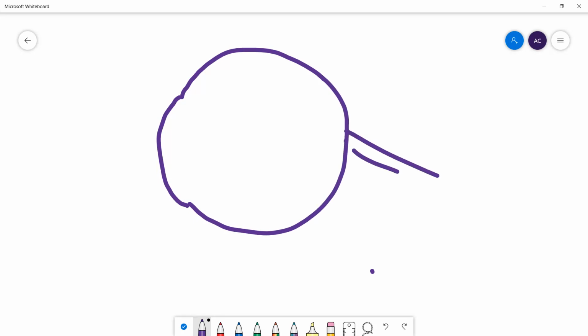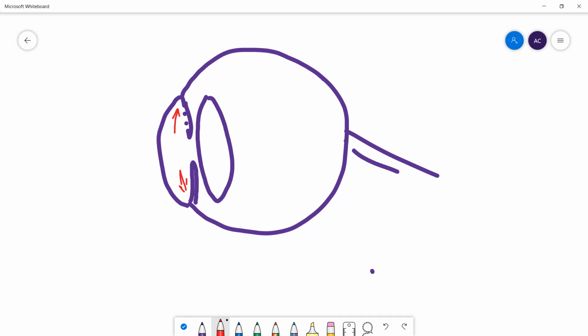Here is the optic nerve. This is the angle of the anterior chamber. This area, this is the angle of the anterior chamber.